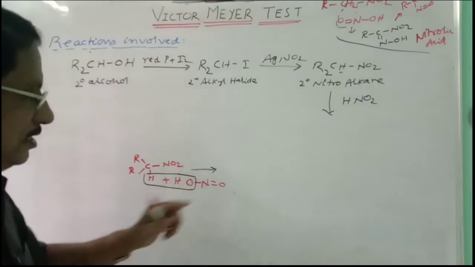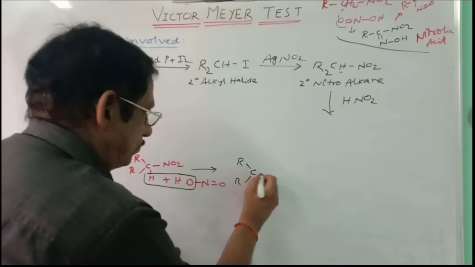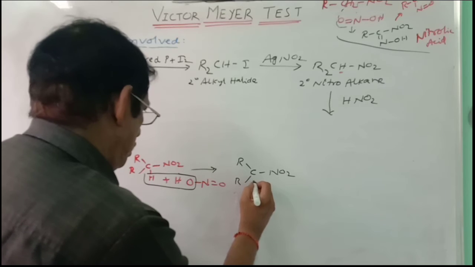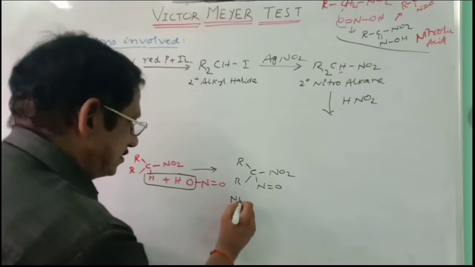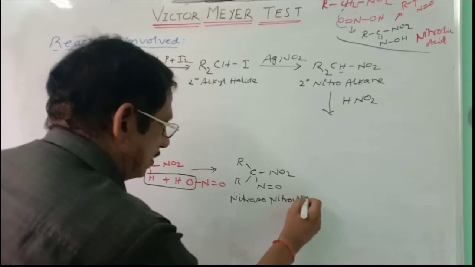So H is replaced by the NO, nitroso group. So you will get R2C(NO2)N double bond O, a nitroalkane.